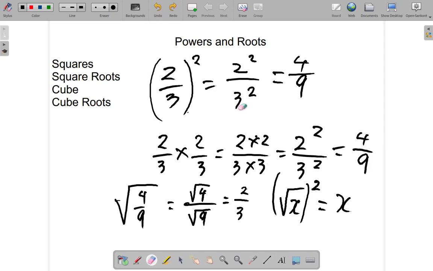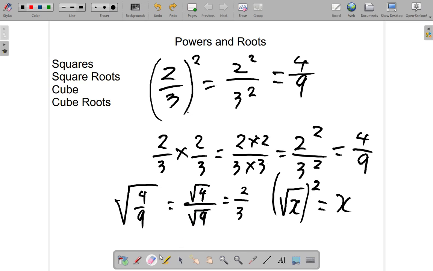Now before I erase this, remember, when you have a fraction and you square the fraction, you can separate the numerator and denominator and square each individually. When you have a fraction and square root the fraction, you can separate numerator and denominator and say it is the square root of the numerator over the square root of the denominator.